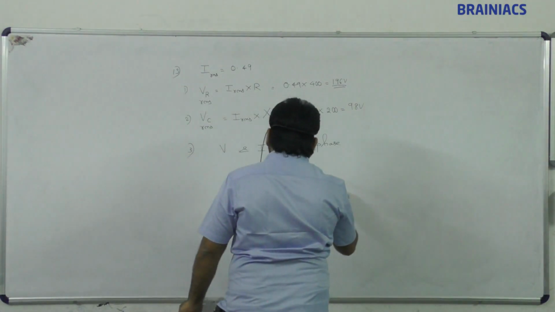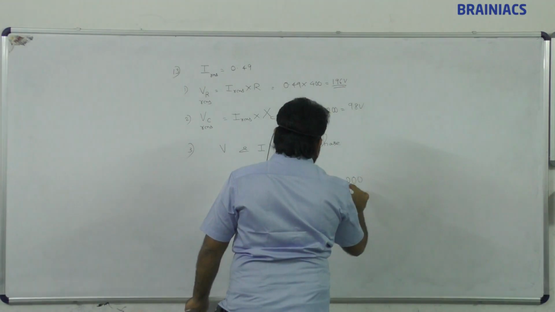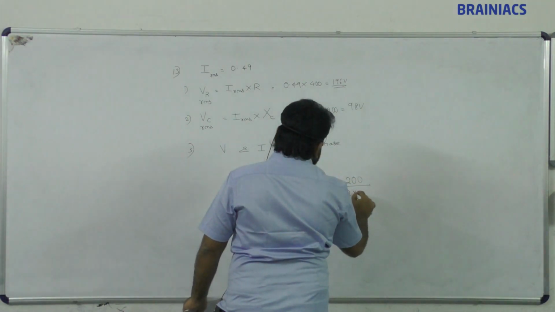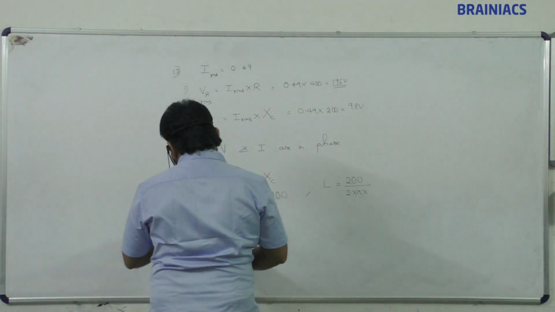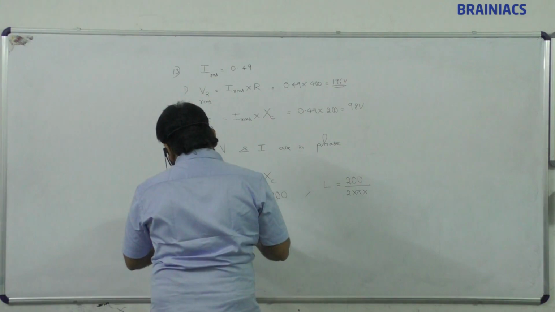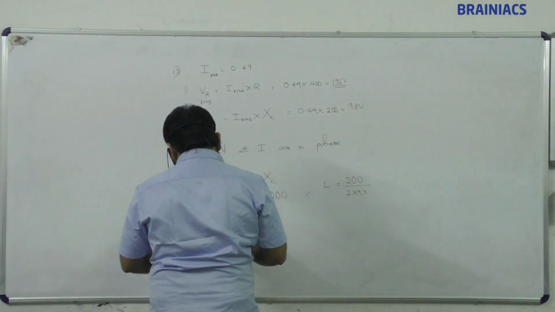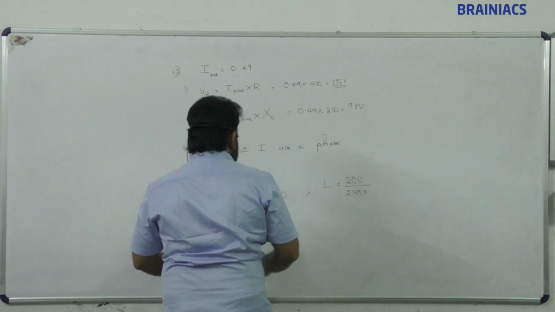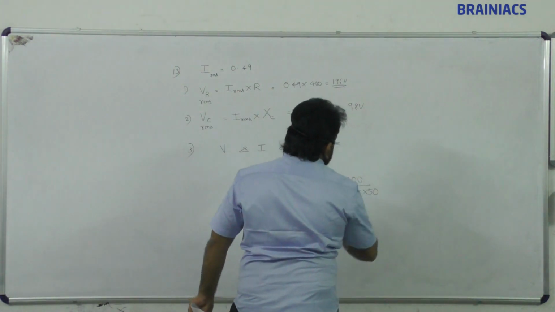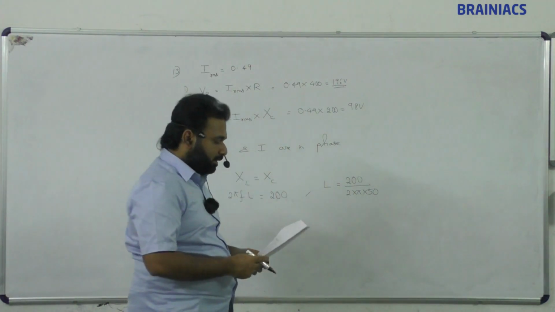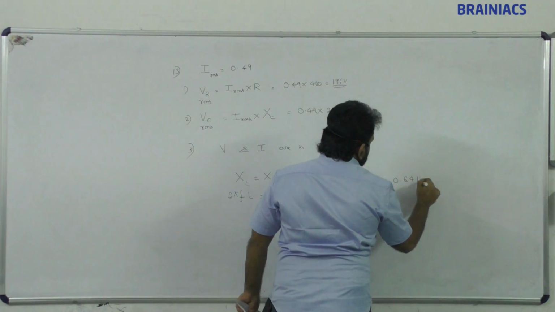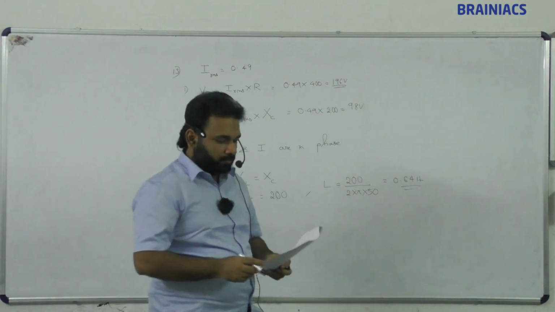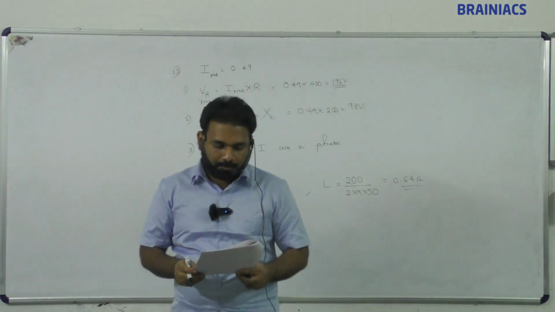So the L value is nothing but 200 divided by 2 into pi into the frequency, which is 50 hertz. Put whatever answer we are getting, that is 64 Henry. Correct? Okay.